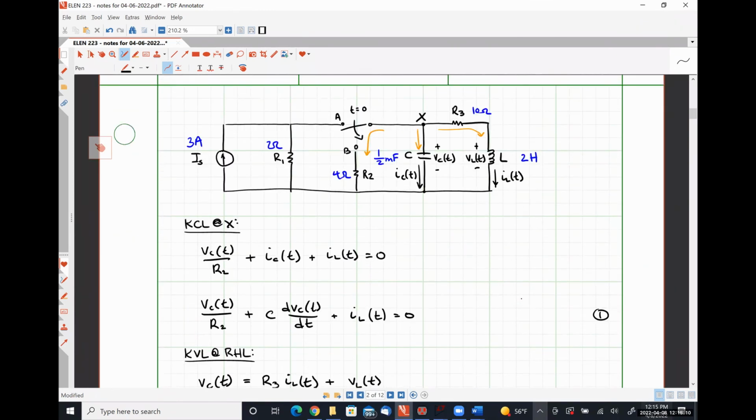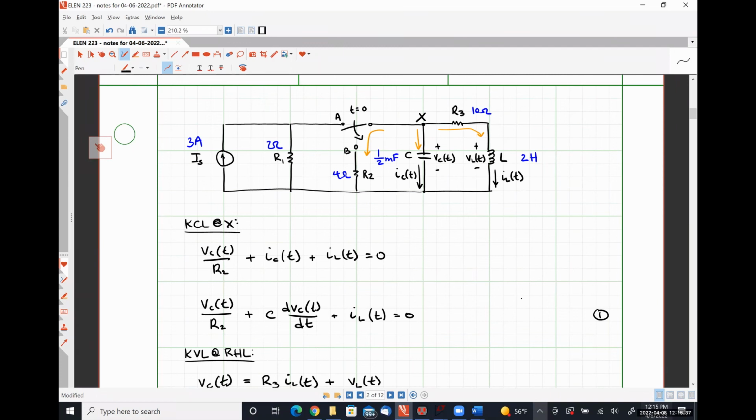Here's this guy. So if I wanted the voltage drop over resistor R2, well, it's the same thing as VC. Right. If I want the current flowing through resistor R2, it's just VC over R2. If I wanted the current flowing through resistor R3, it's just IL. If I wanted the voltage drop over resistor R3, it's just IL times R3.